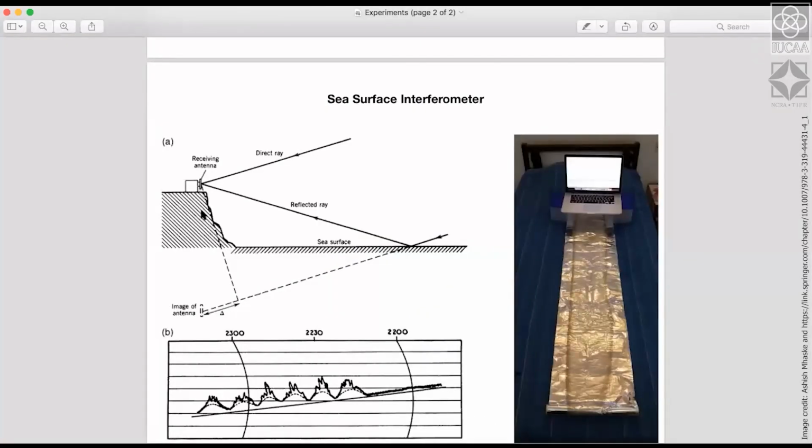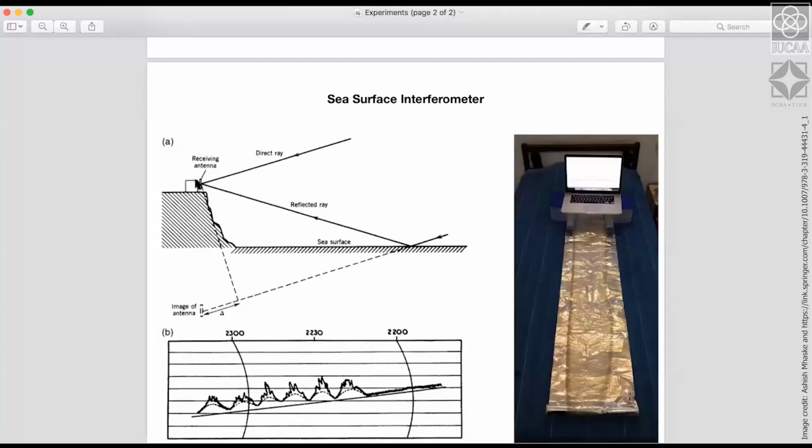On the left hand side, this is the schematic diagram of an observatory where you had a receiving antenna on a cliff. There is a sea surface in front of this setup, and the source is in the sky at a very far away distance. So there will be two rays again here.